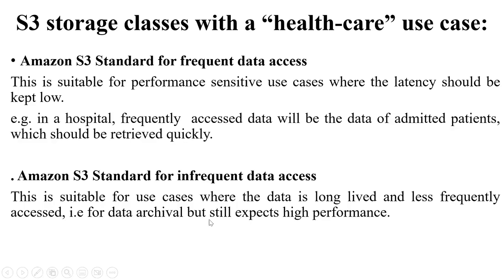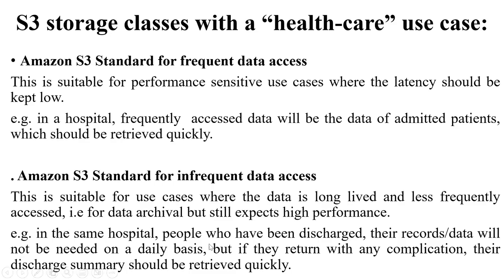That is for data archival, but it still expects high performance. Whenever he visits the hospital, his report should be available immediately, without latency, but we are not going to use it daily.